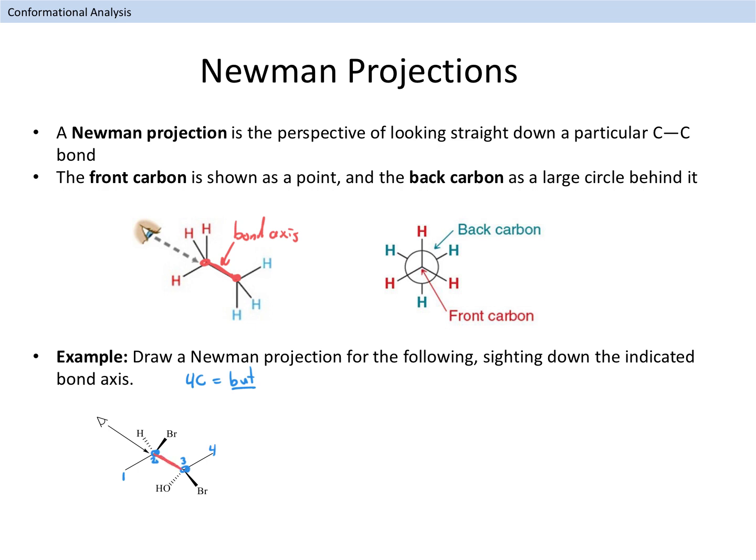We also need to know from which perspective we will be viewing from, so that we know which atom is in the front and which is in the back. In this example, the perspective is indicated by the inclusion of the eye graphic, which tells us both the bond we are looking down and which of the atoms of this bond are in the front and back. Carbon-2 will be in the front, and carbon-3 will be in the back.